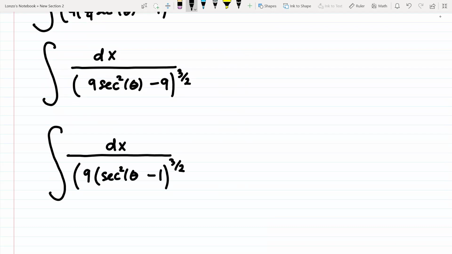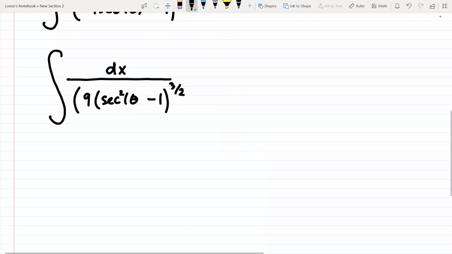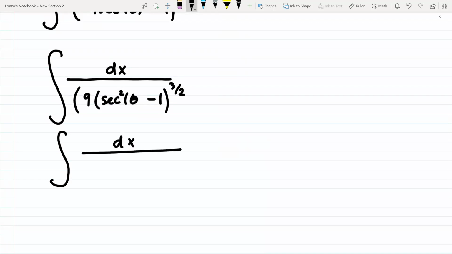Now, what can we do? Did you know that this is all raised to the 3 halves? So on the bottom, it's not really 9, it's actually 9 raised to the 3 halves.